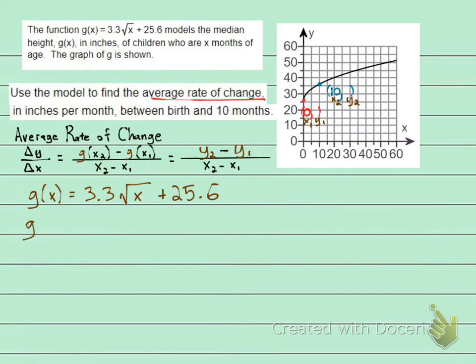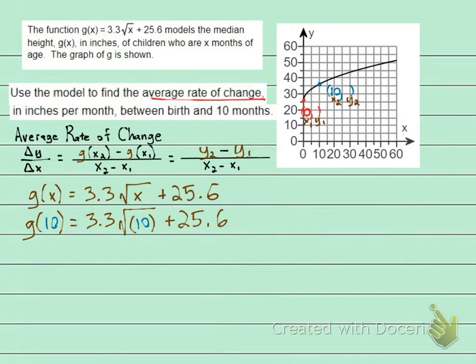All right, let's find the g of x2, which is also the y2. So the g of x2 is g of 10. I'm going to plug in 10 everywhere I see an x. 3.3 square root of x plus 25.6. Plug in a 10 there where the x was, and now we have some calculator work to do.